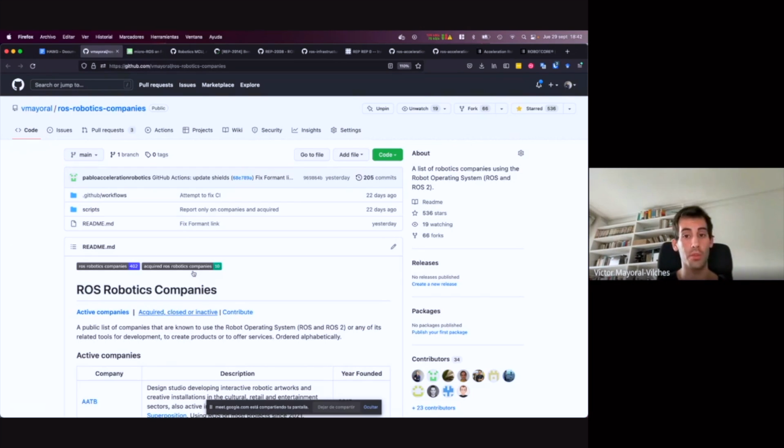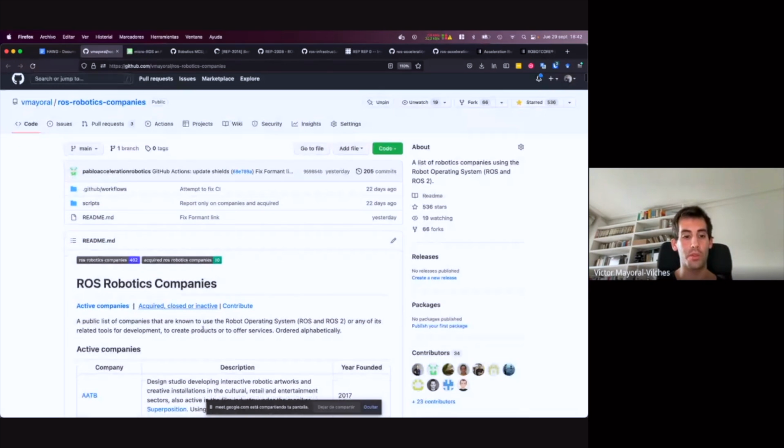So I started, together with my colleagues at Acceleration Robotics, compiling a list of for-profit companies which are using ROS2. I want to emphasize that they use ROS2 or any of its related tools for development to create products or to offer services. Those were the restrictions we imposed on ourselves.